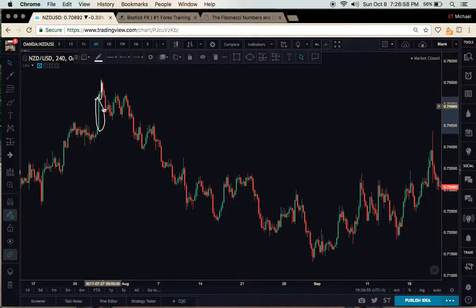So each time frame has its own trend, and you want to remember that. Just because you're on a downtrend on the 4 hour does not mean that you are on a downtrend on every other time frame.